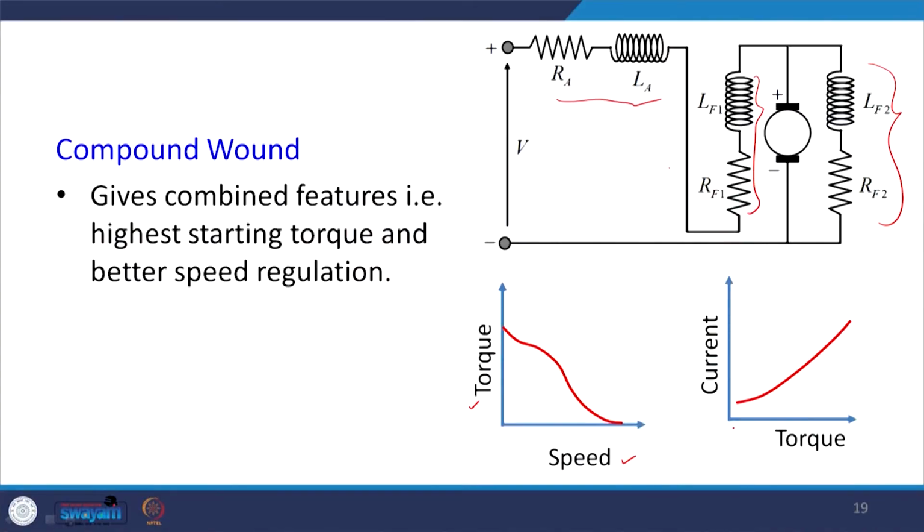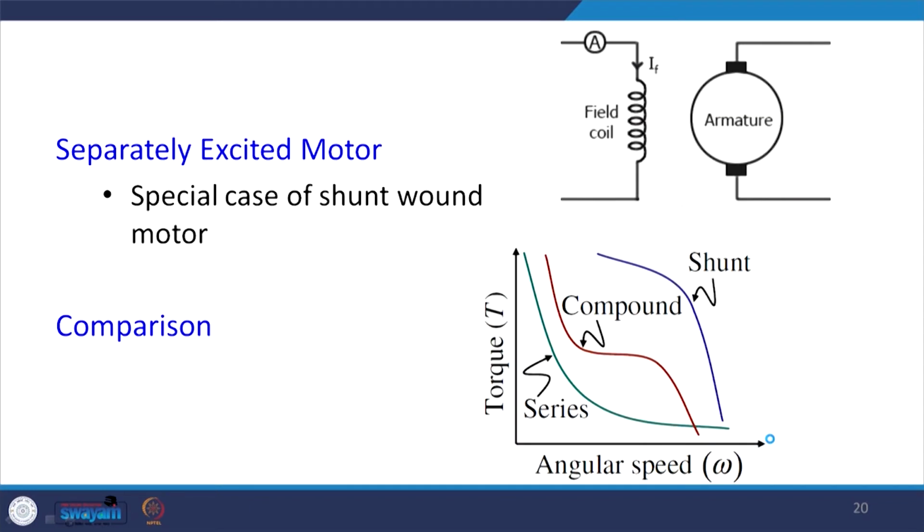Okay, so this is the torque speed characteristic, and this is the current and torque characteristic which the motor has. Then we could have the separately excited motor. This is basically a special case of the shunt wound motor, where the field coil is not in contact with the armature coil, and they are separately excited.